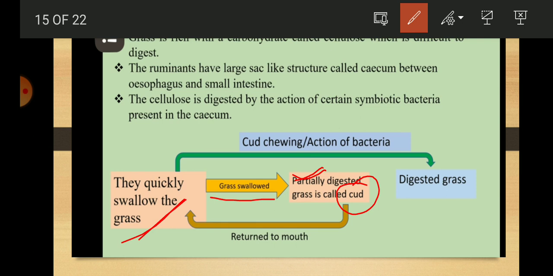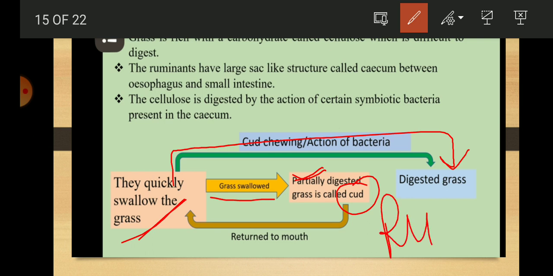And this half digested food then again comes into the mouth of the ruminants, and thereafter, students, after chewing the food properly, it goes again into the digestive tract, that is, into the rumen region.